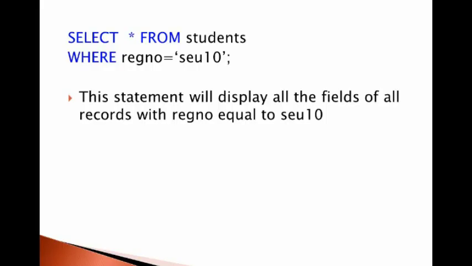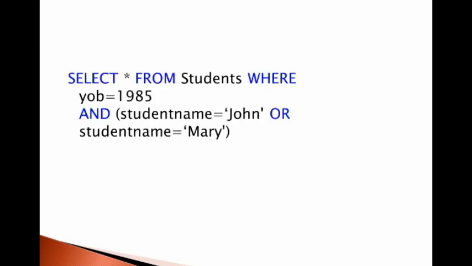Having seen how that statement is executed in SQL, let's move on. Now here where we wish to select all from students where year of birth is equals to 1985, and now we are introducing another clause here, and we're saying and or. Now let's try that.